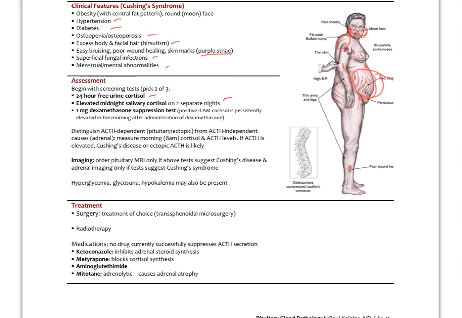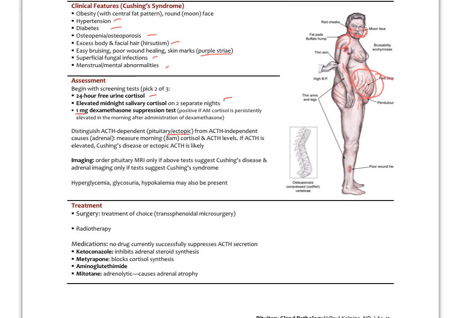Importantly, as part of the workup here, you need to differentiate a pituitary source of ACTH versus a tumor in the lungs or elsewhere that's secreting ACTH. Also, if there's an adrenal tumor secreting cortisol, that would have to be looked at as well. The dexamethasone suppression test can actually be done at the low level, that's the 1 milligram. You could do a high level as well.